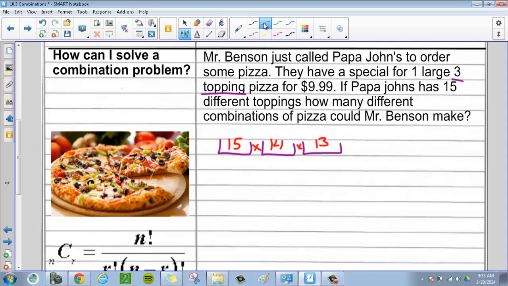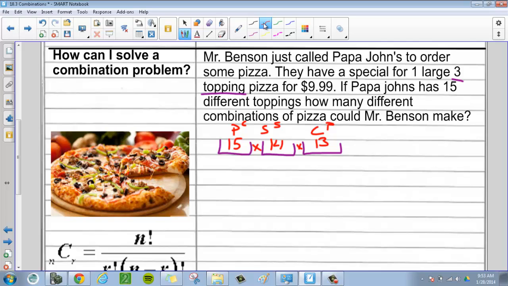Now, the issue we have here is there are different arrangements of this, and we got to get rid of any duplicates. We need to get rid of them, right? I could get a pepperoni and then sausage and then cheese, but that's the same thing in our scenario as cheese and then sausage and then pepperoni, okay? And so I got to get rid of all that duplicate.